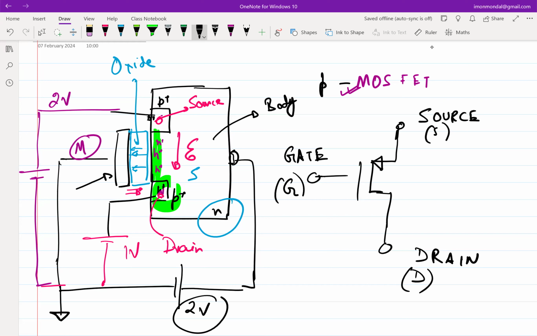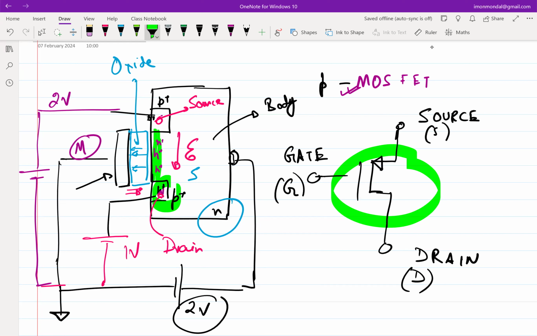So two things about the arrow: which terminal you should be putting it on and which direction it is pointing. You always put the arrow at the source terminal, and the direction is towards the direction of the current flow. Okay. So now the question to you is, if I give you a symbol like this, the symbol is not symmetric, right?